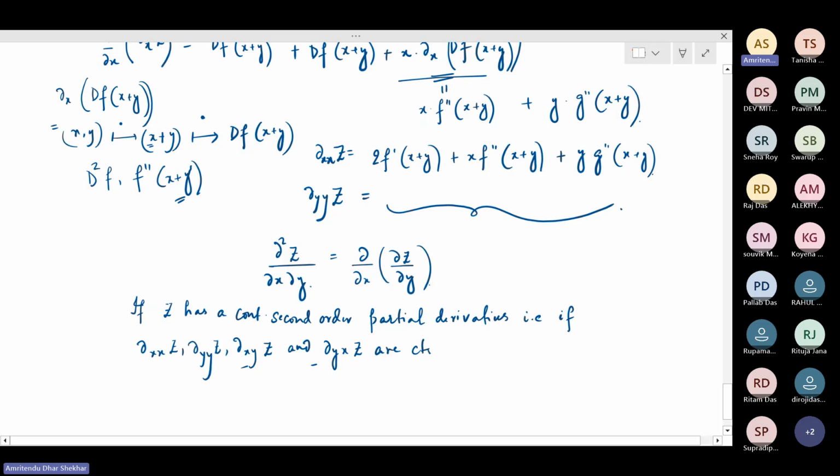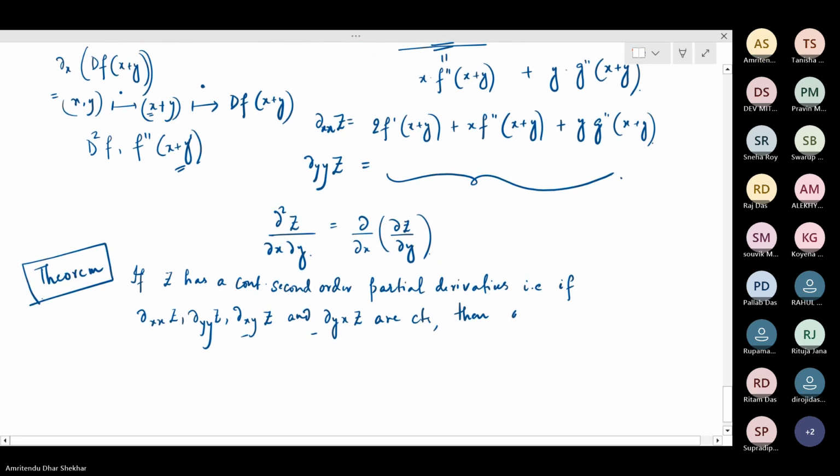If all these are continuous, then, actually this is a theorem, I should not just state it like that. This is a theorem. Then del xy of z is equal to del yx of z. So it does not matter what is the order in which you take the partial derivative.